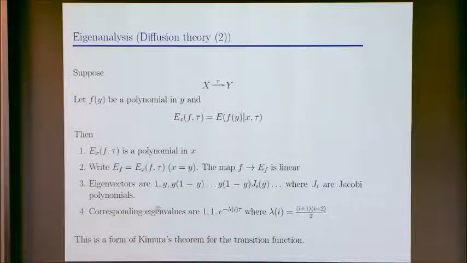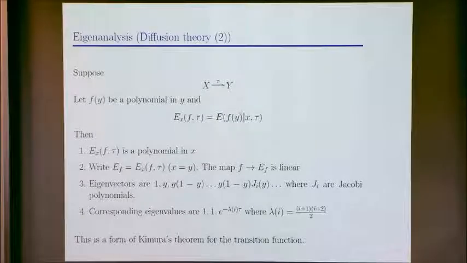The corresponding eigenvalues are 1, 1, and then e to the minus lambda sub i tau, where lambda sub i is this combinatorial thing, (i plus 1)(i plus 2) over 2. Now, this is a thinly disguised version of Kimura's theorem, which gives you an explicit formula for the transition function of the Wright-Fisher diffusion. So this is simply Kimura's work in the 1950s, mildly repackaged.